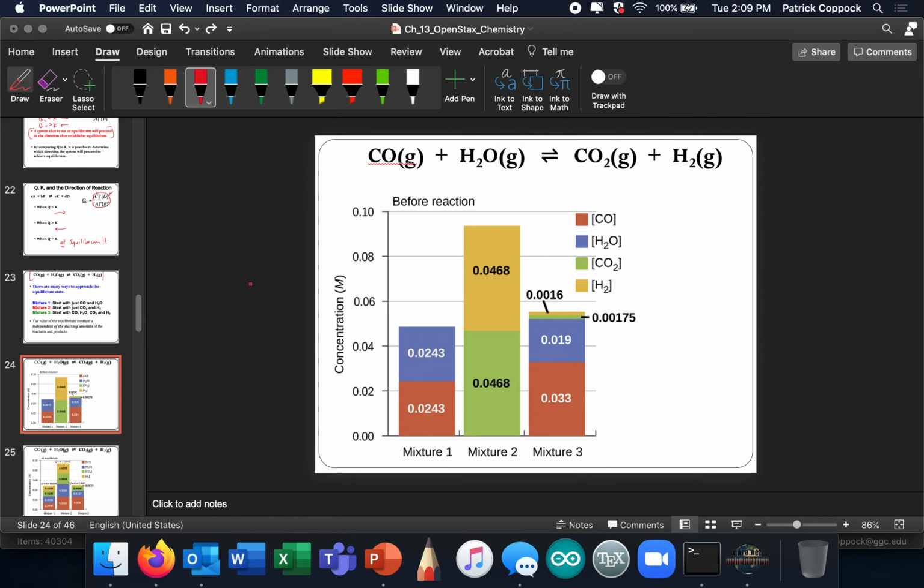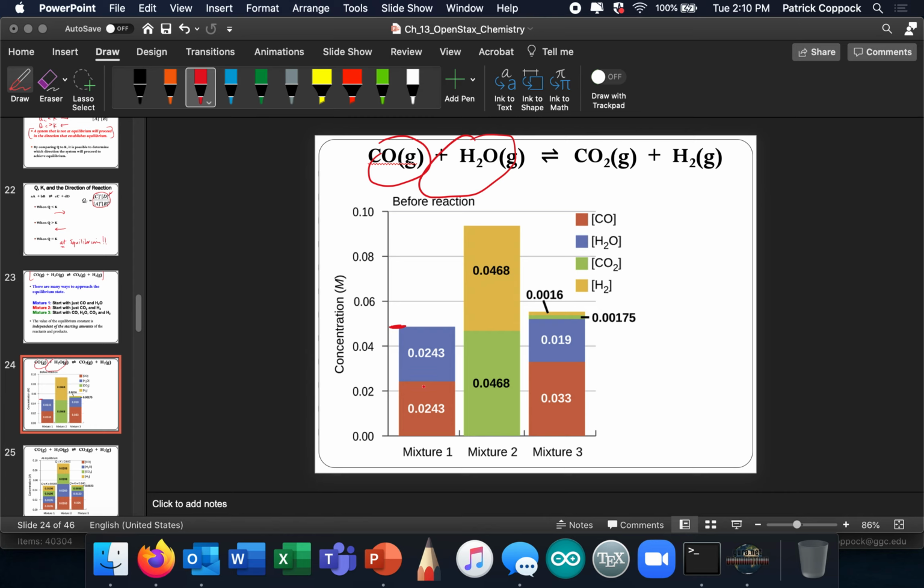So let's suppose in mixture 1 we're only going to start out with the reactants, okay? If we start out with only reactants, we start with about this much of both of them. At equilibrium, well, just a second here.